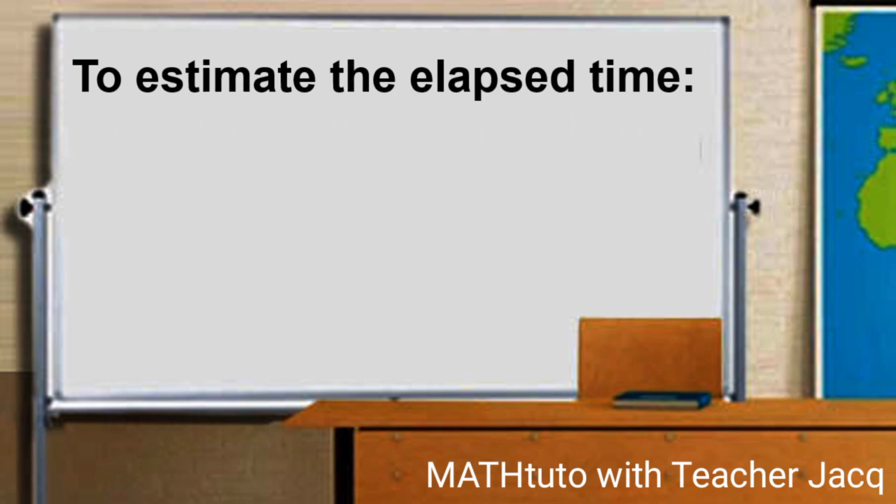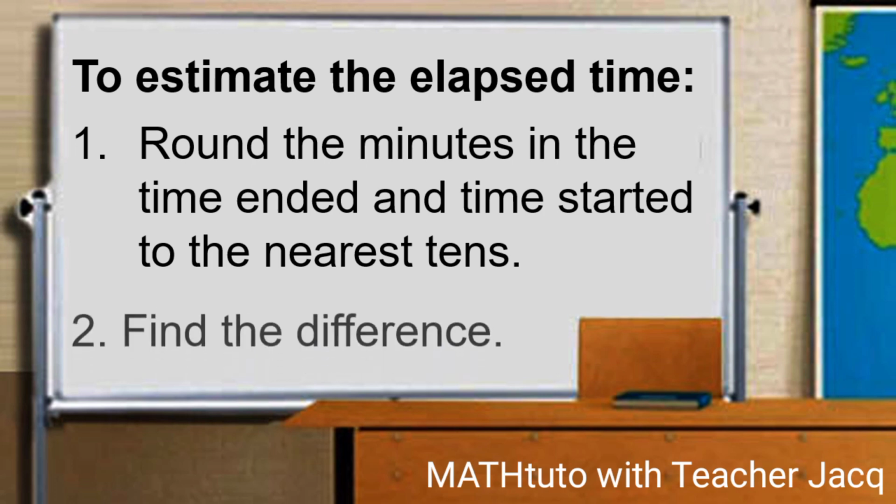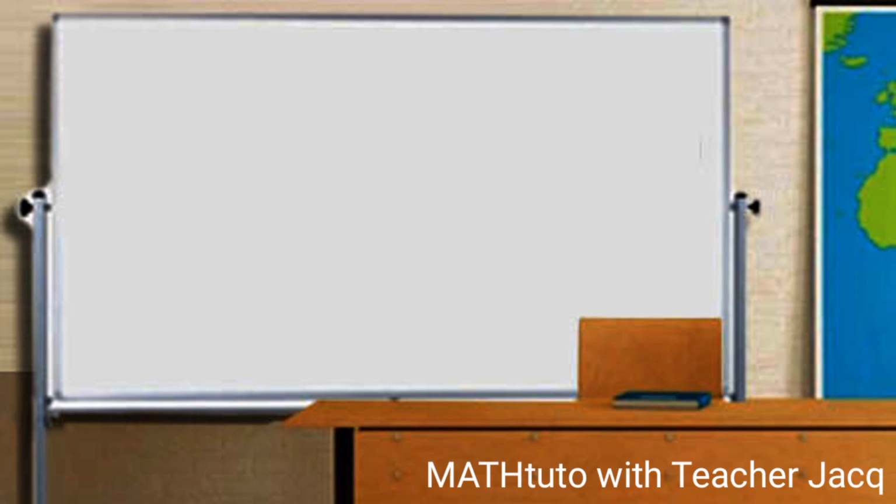To estimate the elapsed time, first, we need to round the minutes in the time ended and time started to the nearest tens. And then the second one is to find the difference. So, dahil may word na about yung ating word problem, ibig sabihin, ang hahanapin natin ay ang estimated elapsed time.